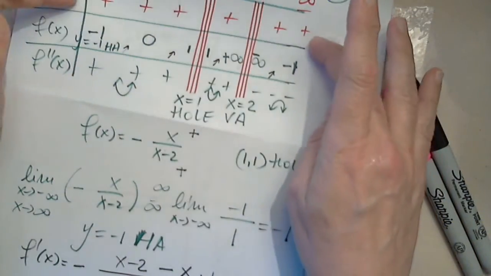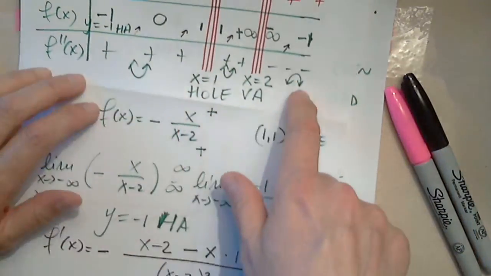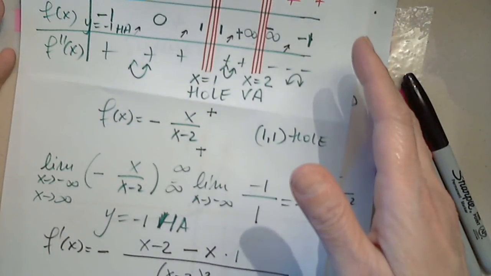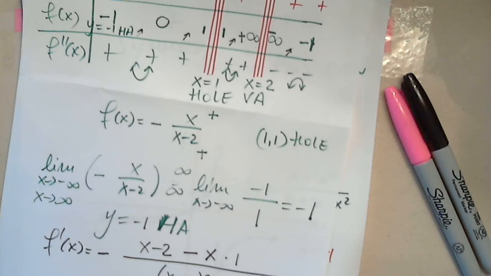The concept of the first derivative, what does that say about the function? The concept of the second derivative, what does that say about the function? So this gives you a perfect understanding of the function, number one.